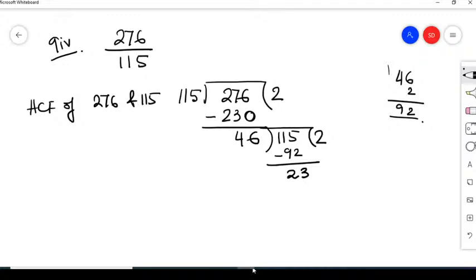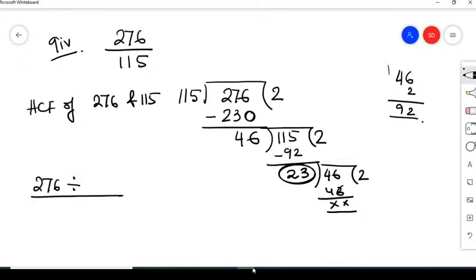So again 46, 2s are 46. So the HCF is 23. So what we have to do? We have to divide both the numerator and the denominator by 23. Okay. So 23 ones are 23. 23 twos are 46.